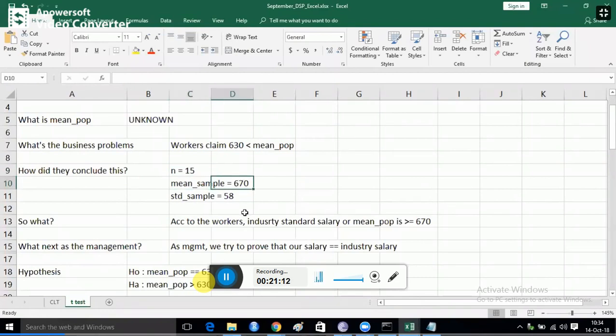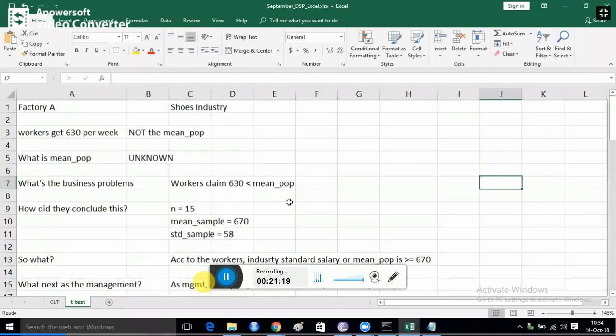So they are telling that 670 is the population mean. So that is what they are hypothesizing. 630 was never the population mean. I have mentioned that clearly, right? Yeah. Okay. I hope I got it.